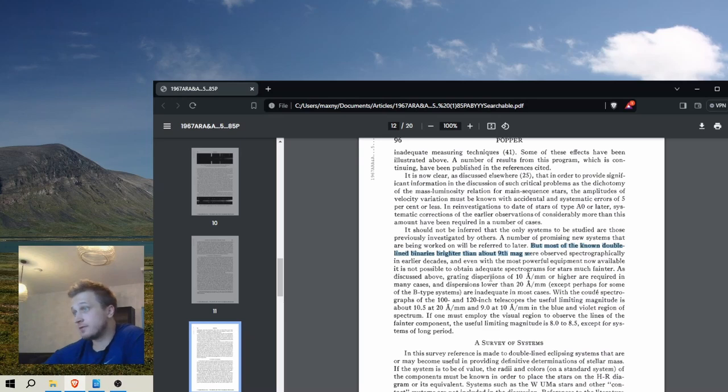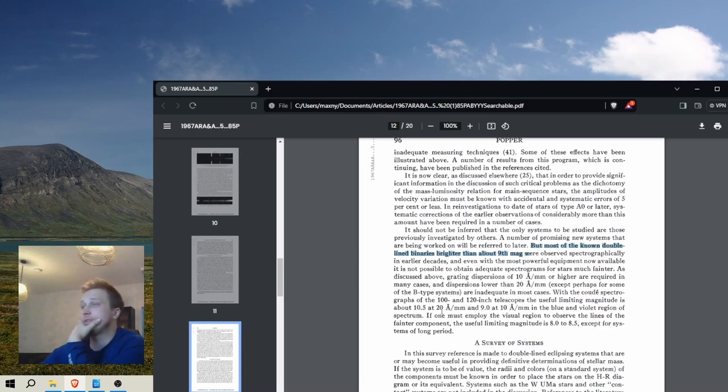As discussed above, dispersions of 10 angstrom per millimeter or higher are required in many cases, and dispersions lower than 20, except perhaps for some of the B-type systems, are inadequate in most cases.